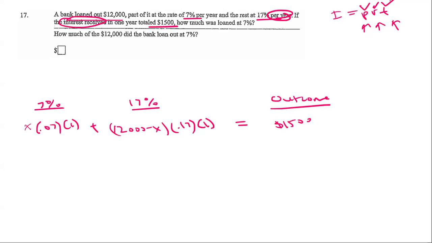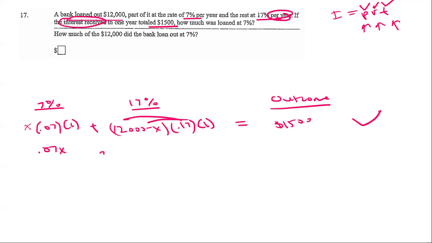Any question on the setup there? All right. And this is the hardest part, right? Once you get the setup, then the rest is just doing a little bit of algebra. So in this case, we're going to have 0.07x. For this one, I'm going to distribute the 0.17 to each term. Remember, 0.17 times 1 is still 0.17.